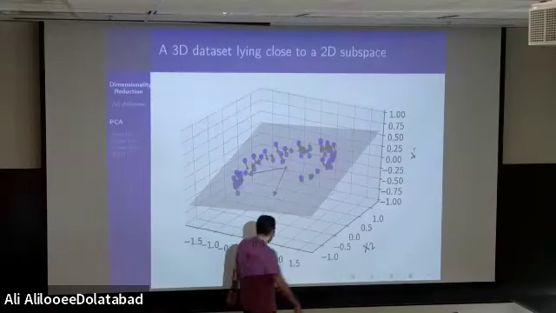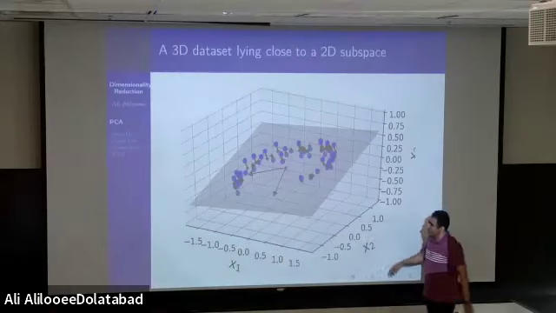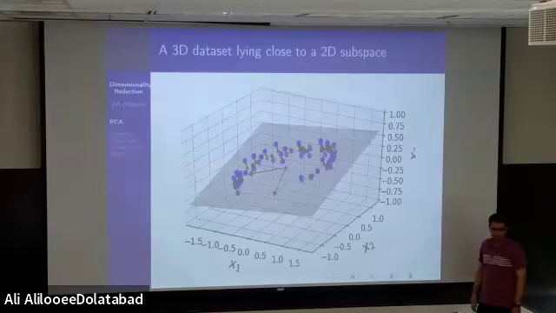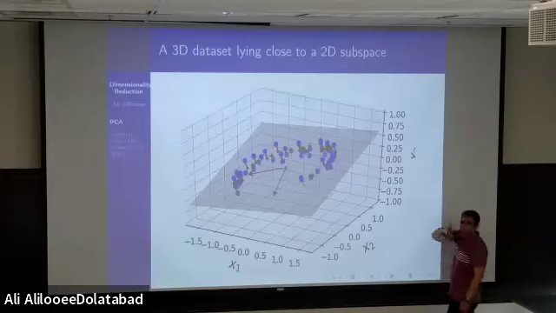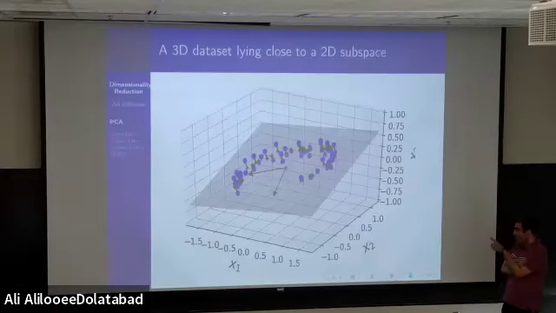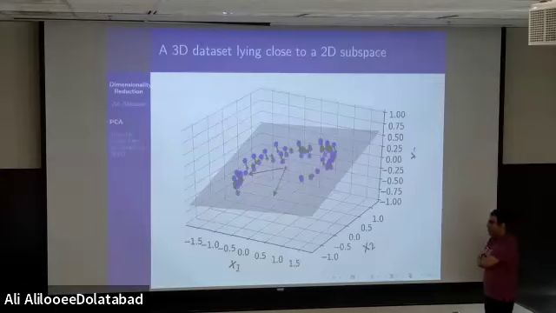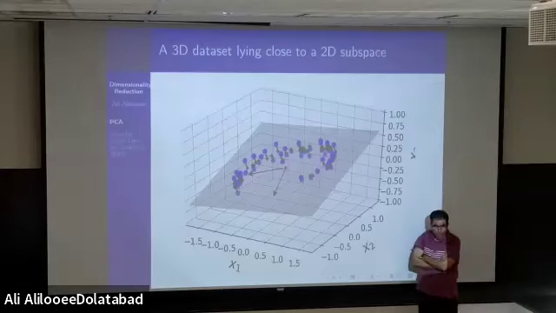Suppose, for example, you have a data set like this. In this data set, as you can see, you have 3 features, x1, x2, x3. You have a 3-dimensional data set. What we want to do, suppose we find 2 features which are more important than others.